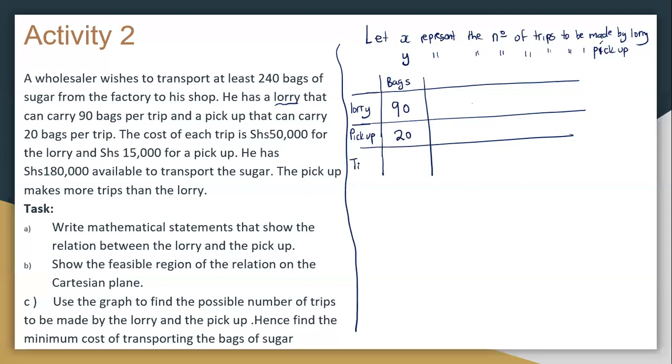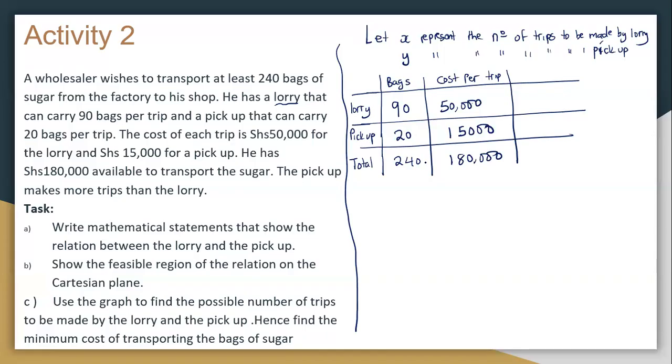But the total number of bags they want to take is 240. Then what about the cost per trip? A lorry charges 50,000. A pickup charges 15,000. But how much does the person have? The person has 180,000.